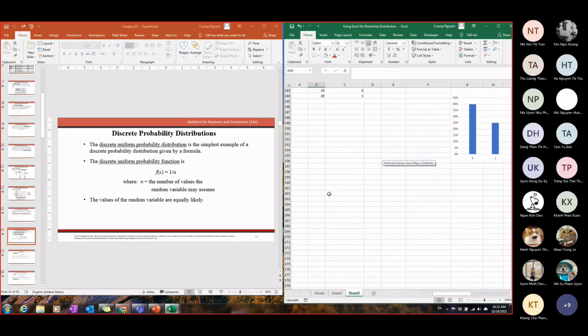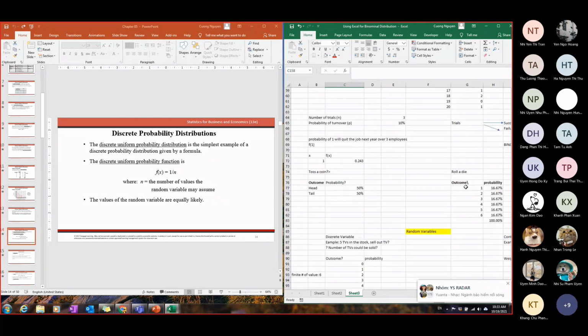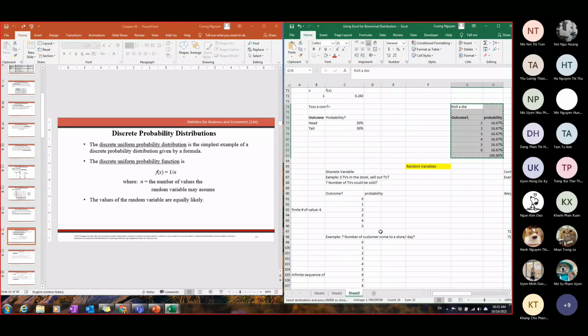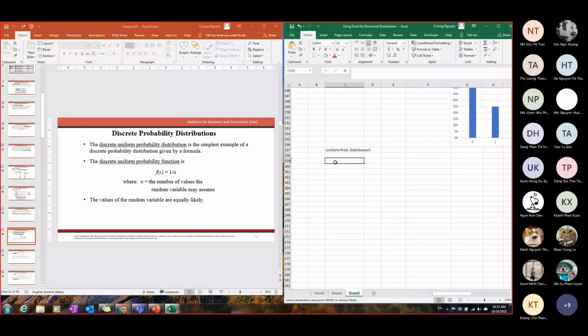So over here we talk first of all about the uniform probability distribution. Okay. Now, what is the uniform probability distribution? That's the same as what we talked about for the die. And I just copy the data over here.